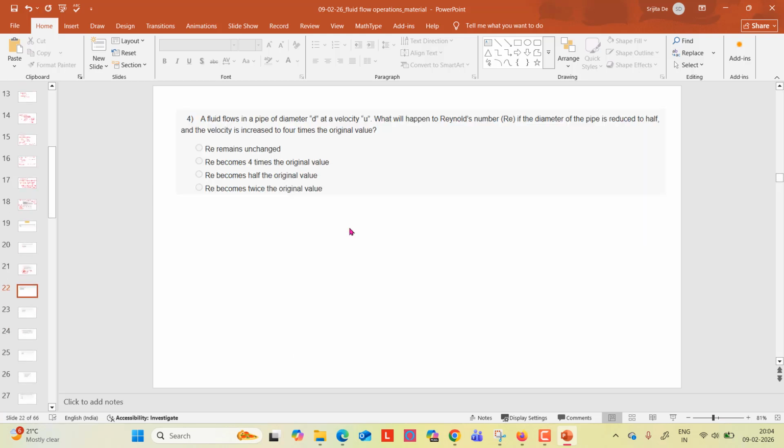Next, a fluid flows in a pipe of diameter d at a velocity u. What will happen to the Reynolds number if the diameter of the pipe is reduced to half and the velocity is increased to 4 times the original value? So what is written?